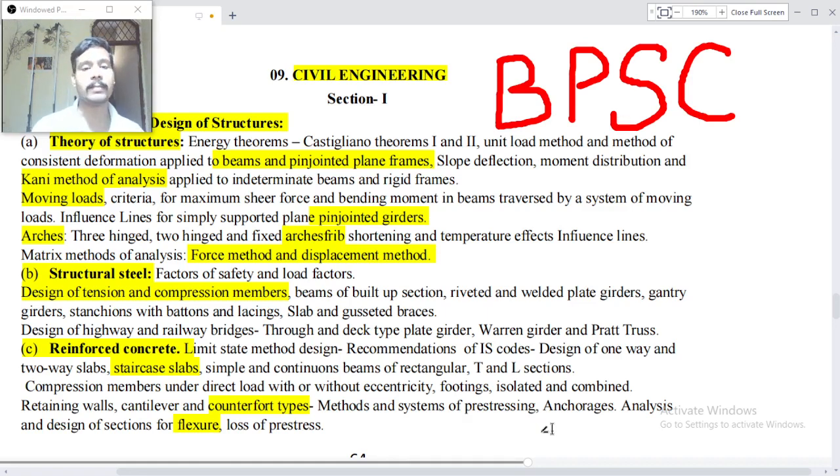Candidates from a civil engineering or engineering background can take it as an optional, depending upon their interest. Anyway, today that's all, and my purpose is only to present the whole syllabus of BPSC in front of you.